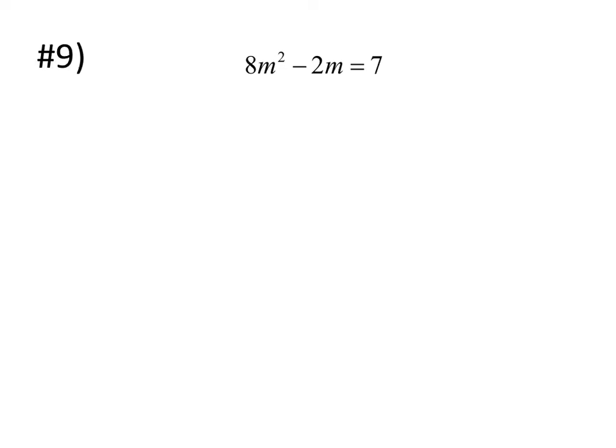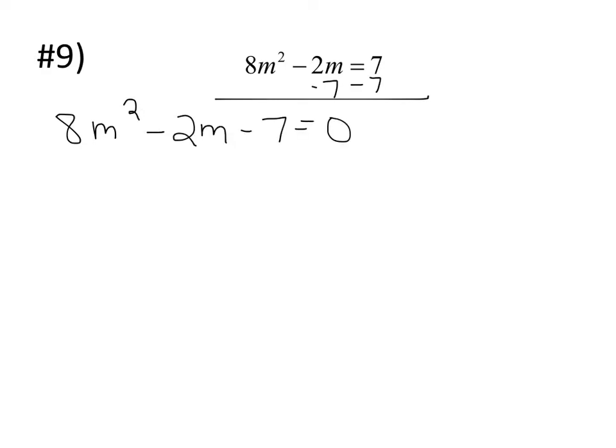Number 9, 8m squared minus 2m equals 7. In order to put this in standard form, I'm going to have to subtract 7 from both sides, giving me 8m squared minus 2m minus 7 is equal to 0. Okay? So now I've got A, B, and C. A is 8, B is negative 2, and C is negative 7.